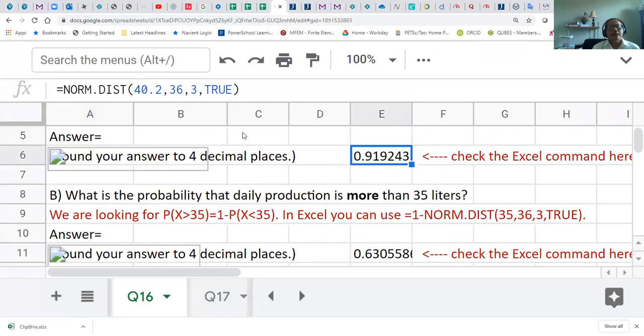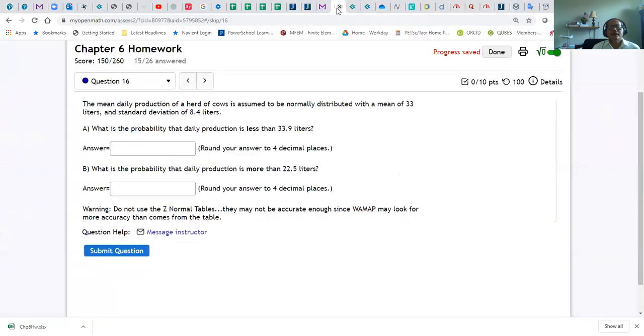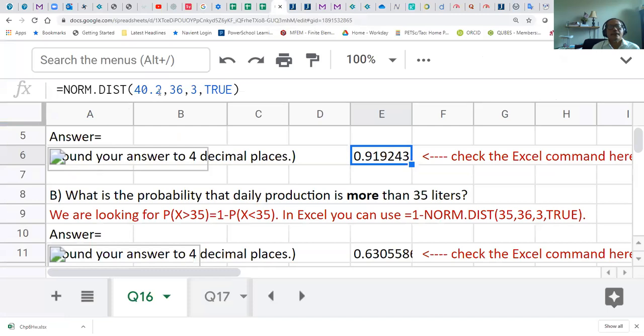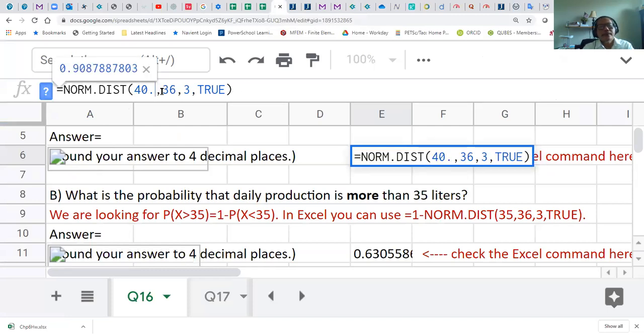So you need to change this to 33.9. So you have 33.9.